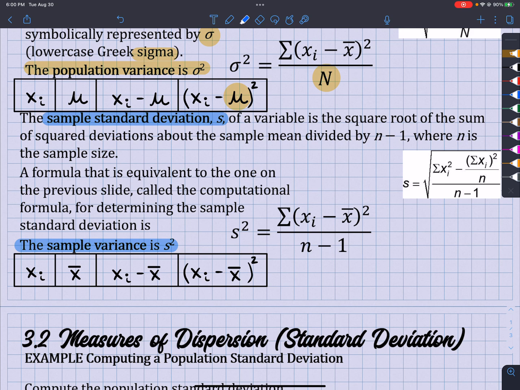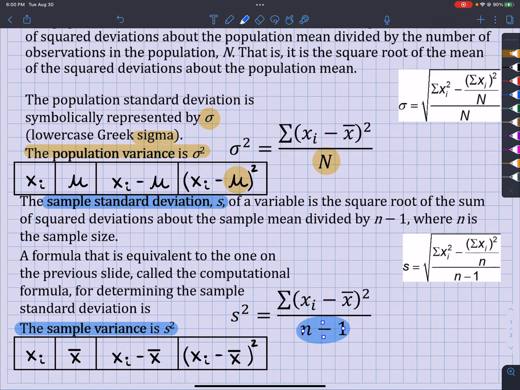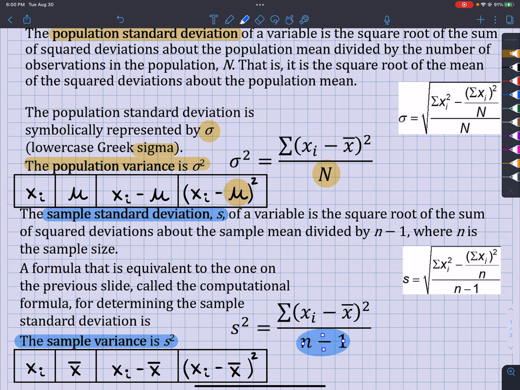The biggest difference here, guys, is that we have a different denominator, which is n minus 1. They call it degrees of freedom. When we're dealing with a population, we know all the results, so the standard deviation is that of all those observations.